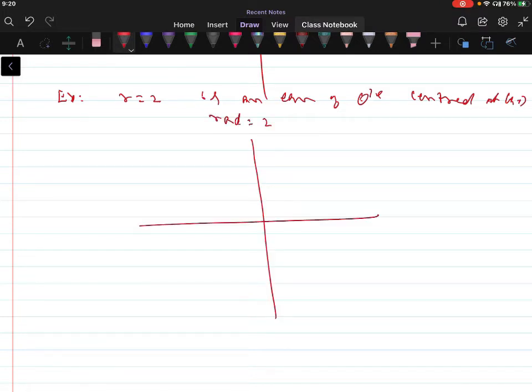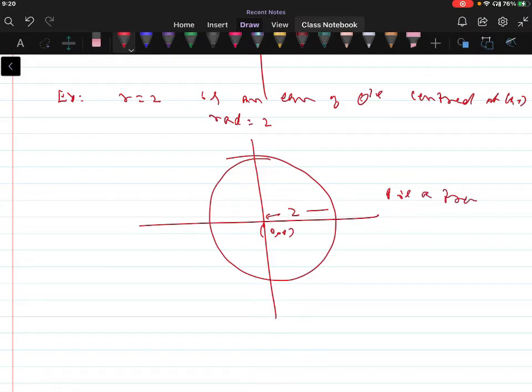So it is a circle with center origin and radius 2. So here theta is a free variable. It takes the values from 0 to 2 pi.